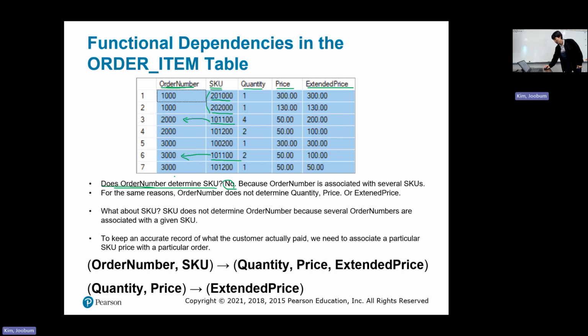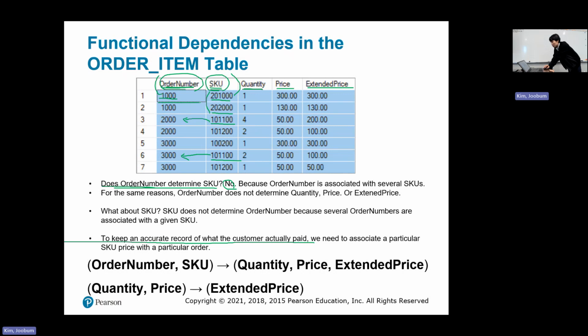So in this table, we have to create a composite determinant to determine every other column. So order number and SKU, if you use 2 columns as a determinant, order number and SKU determine quantity, 1000, 201110.